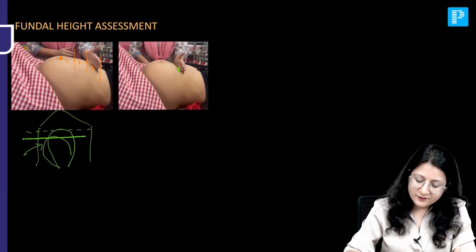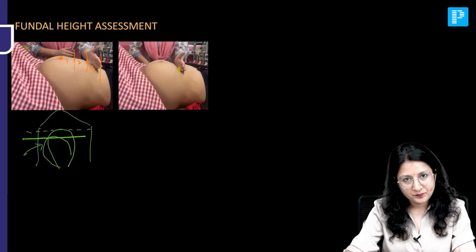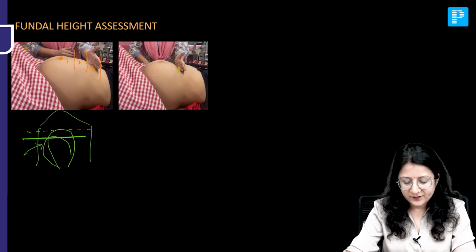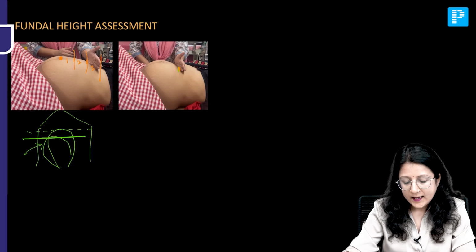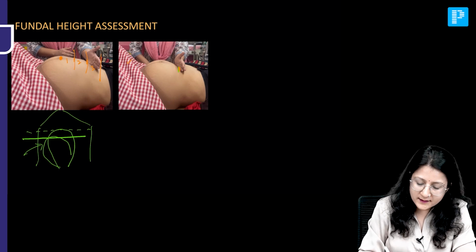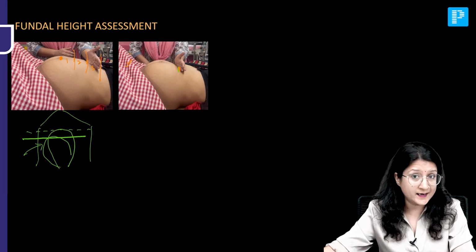Once you have marked the fundal height and documented it in weeks, one measures the symphysiofundal height in centimeters. For that, you'll have to ask the woman to straighten her legs.